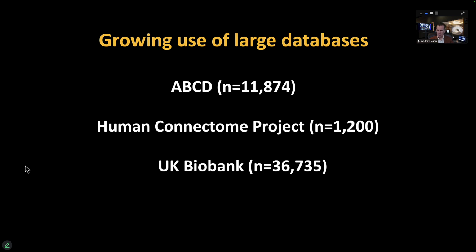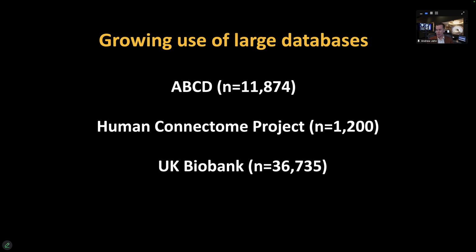Now, not all of these are equal in the sense that some of these are much easier to access than others. For example, the Human Connectome project is relatively simple to sign up for, and they have different tiers of access. Some are much more readily available to share and to distribute, to publish. There's also a more restricted set focusing on subpopulations, which requires a special application, and there are much tighter restrictions on privacy.